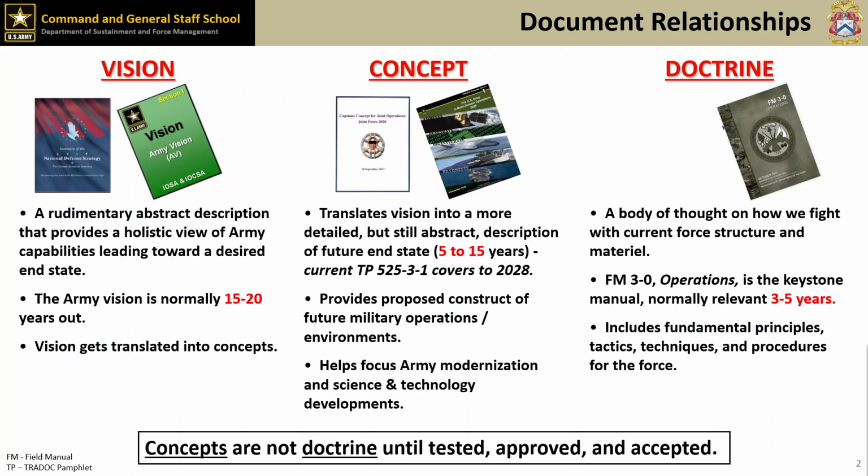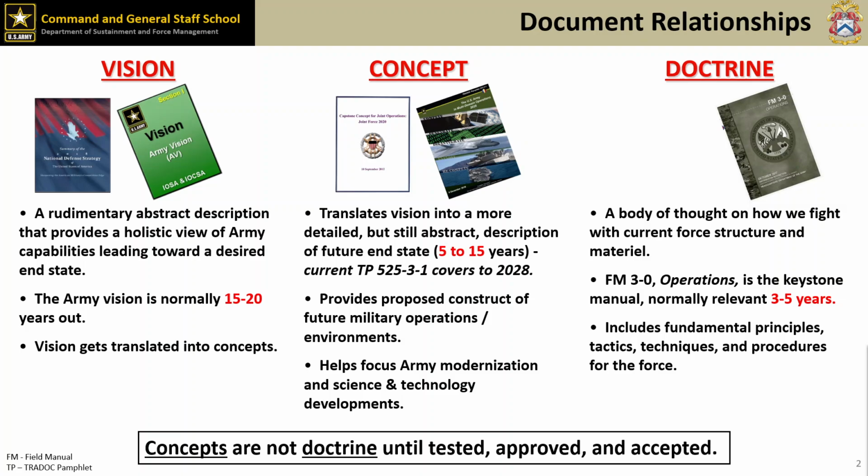So first of all, we talked a little bit in F101 about vision and strategy, right? The Army vision, as section 1 of the Army plan, is a long-term vision of end state, normally discussing 15 to 20 years out.